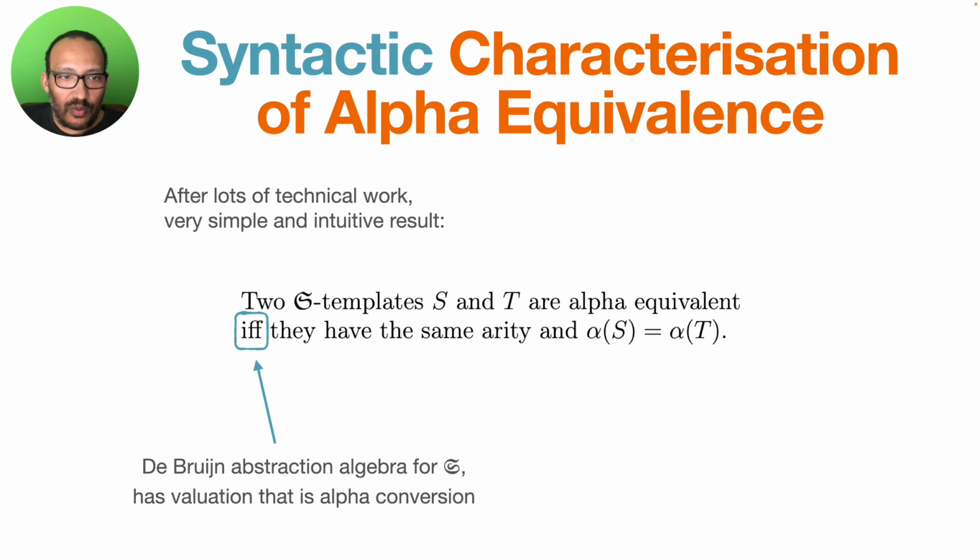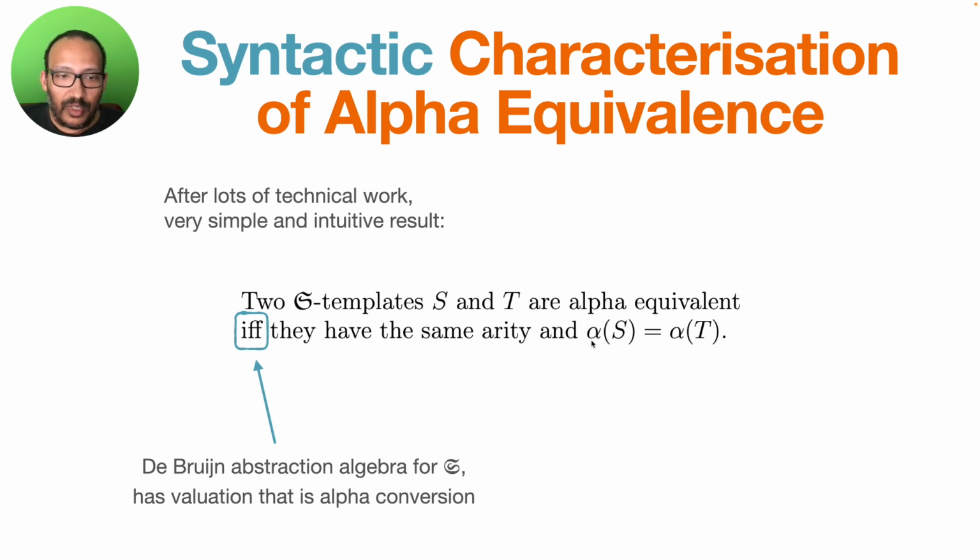And so the theorem then is two templates S and T are alpha equivalent if and only if they have the same arity, and if the alpha conversion of S is the same as the alpha conversion of T. Okay, and well, alpha conversions are easy to compute, and that means that alpha equivalence is easy to compute as well.